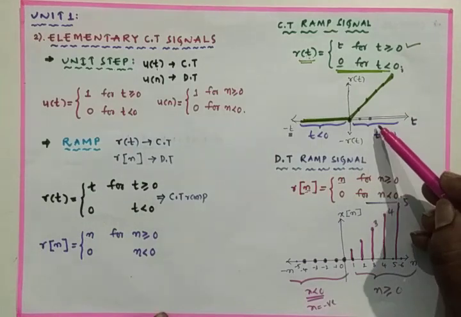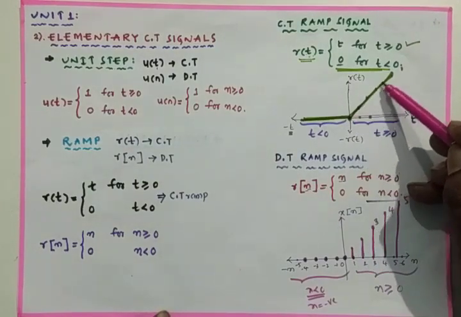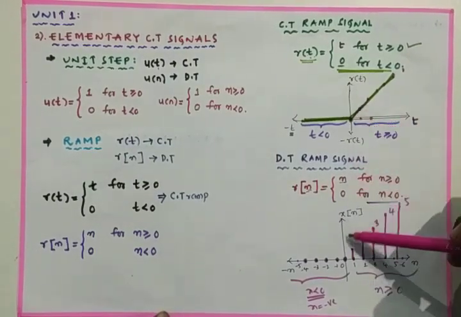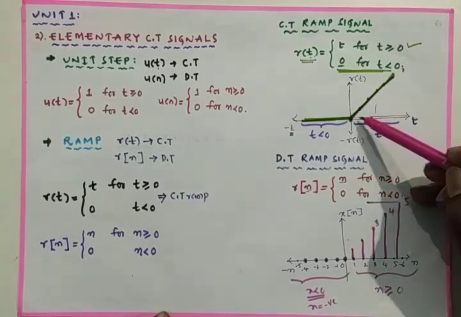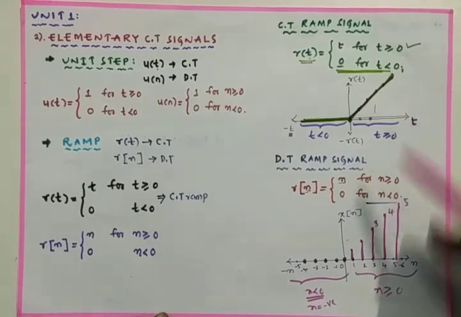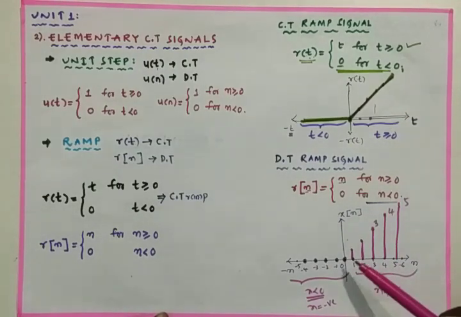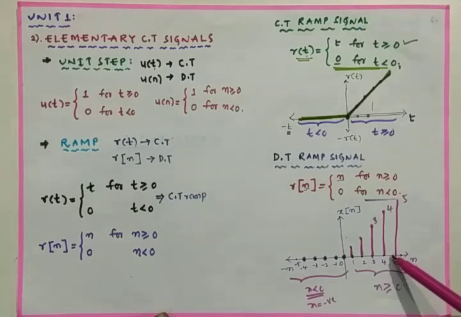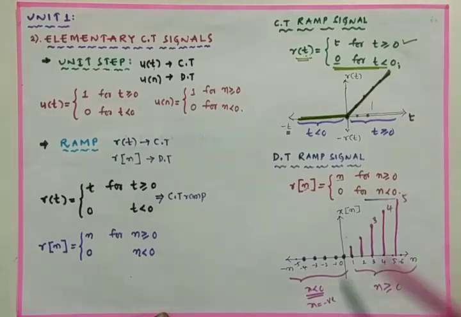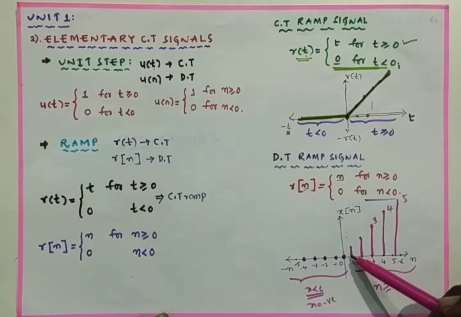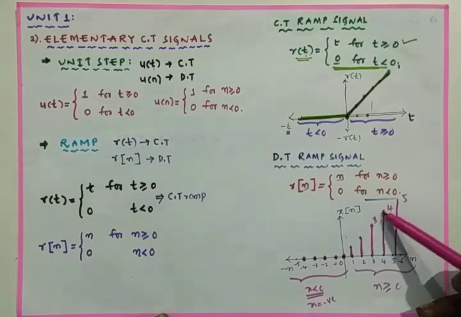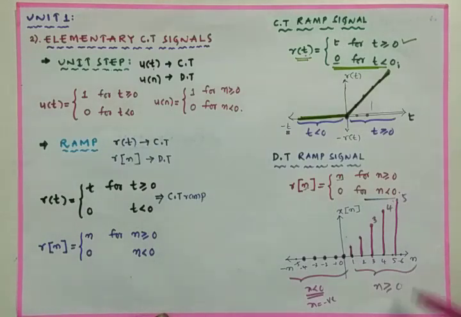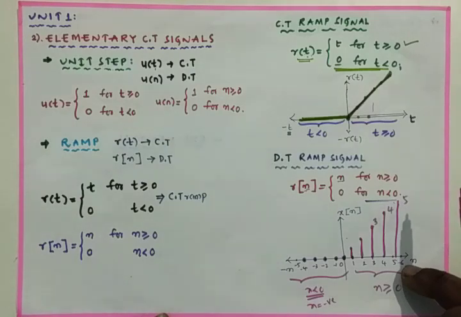Compare this signal to this signal. It is continuous with respect to time, amplitude and time both continuous, whereas in discrete time the signal is defined at discrete instants of time only. But that signal is linearly increasing with respect to the positive values of the independent variable, so it is a discrete time ramp signal.